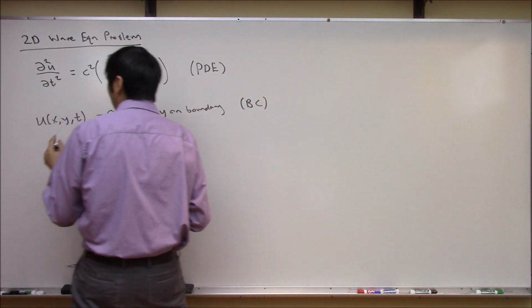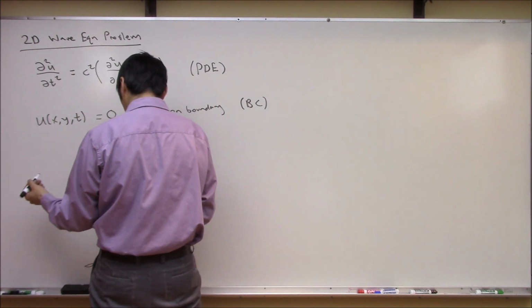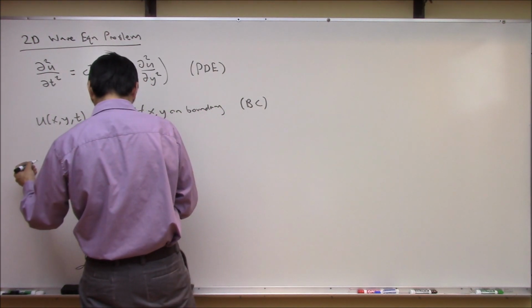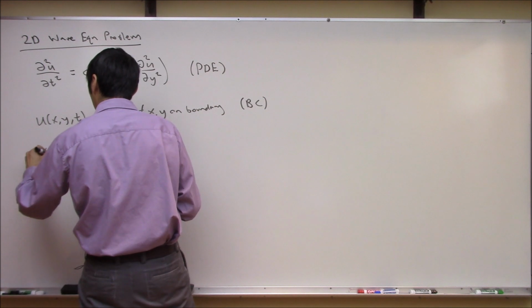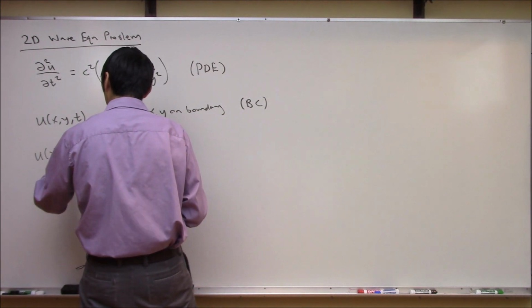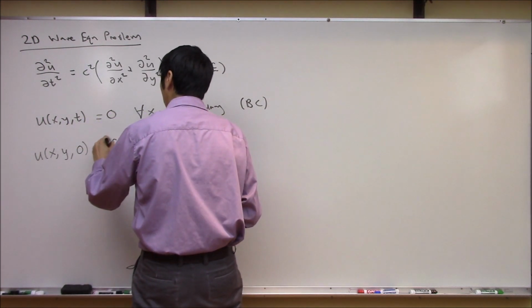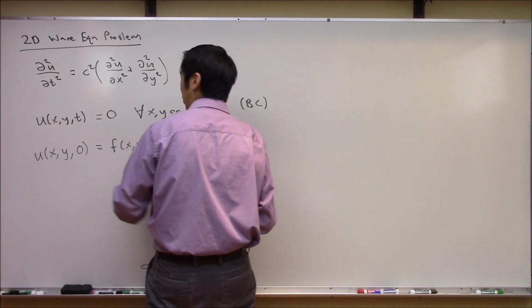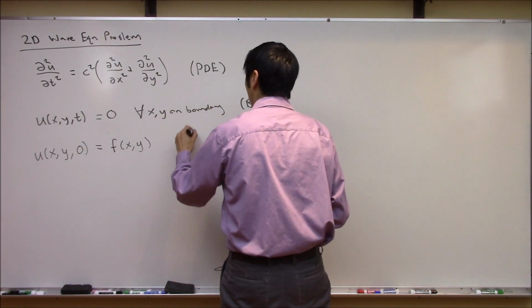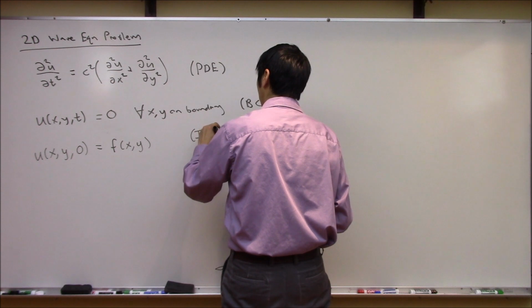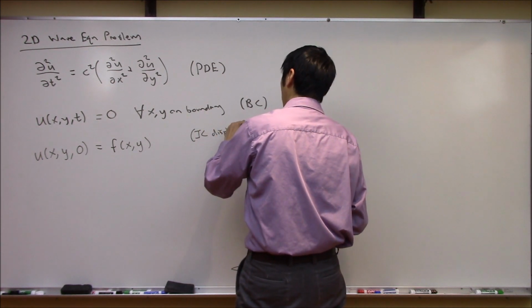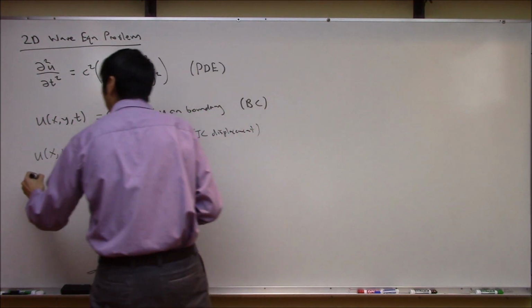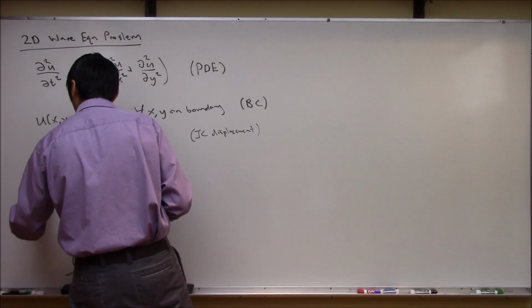Okay. In addition to the boundary condition, we have some initial conditions. Namely, we'd like to say that the initial displacement is equal to some two-dimensional function f of x, y. So here's our initial condition for displacement. And we'd also like to say that maybe the membrane has some initial velocity here, right?